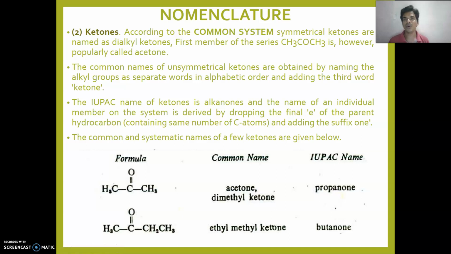Then ketones. According to the common name system, symmetrical ketones are named as dialkyl ketones. The first member, CH3-C=O-CH3, is however properly called acetone. In the common name system, unsymmetrical ketones are named by naming the two alkyl groups in alphabetical order as separate words and adding a third word, ketone. In the IUPAC system, ketones are named as alkanones, by dropping the e of the parent hydrocarbon and adding the suffix one.